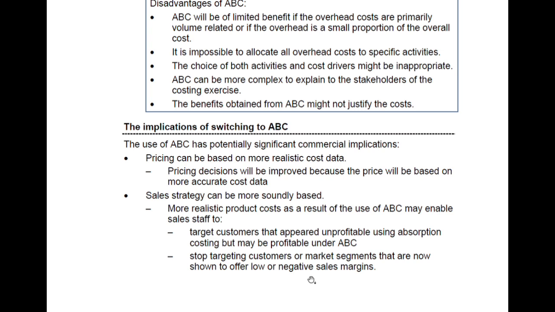So from ABC costing, we can also understand which product is more profitable, and this could vary between your traditional costing and ABC costing. As ABC costing is giving you a different set of pricing, it will give you a different set of profit or loss as well. So there you will be able to understand whether that product is actually in loss or in profit. So when you see that there is a drastic change, your priority will also change there.